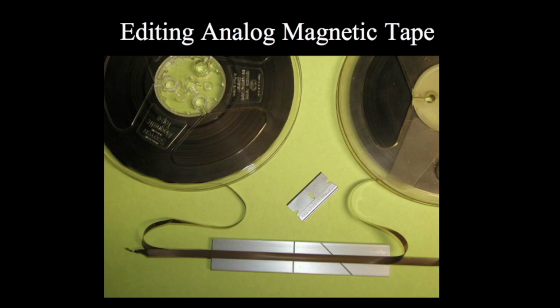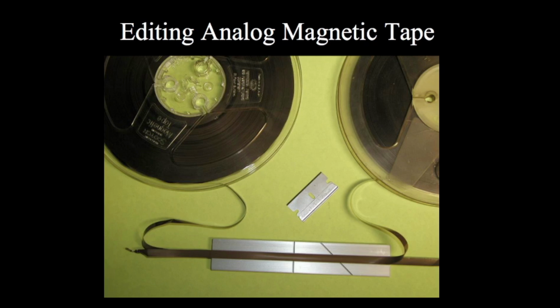The reel on the right is going through this groove on this metal block, and it's laid over the top of the reel of tape that is on the left. They both are going through this groove, and somebody has lined them up.